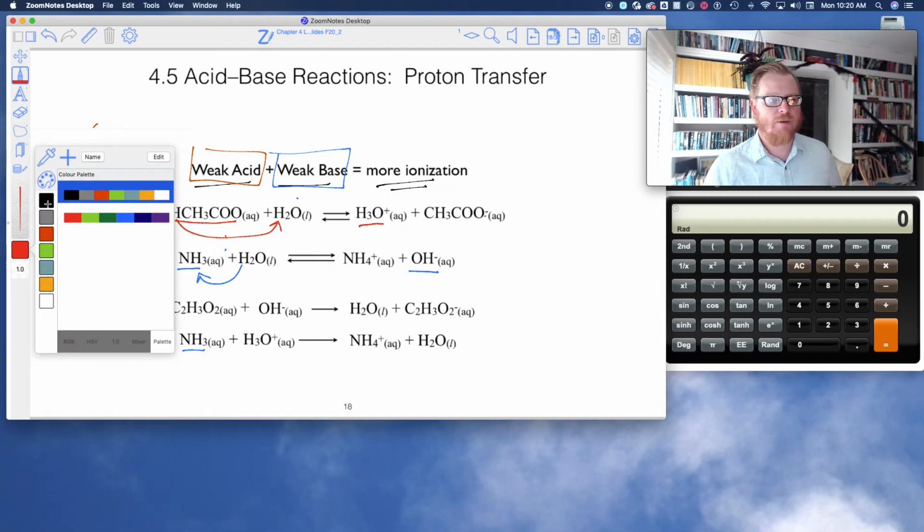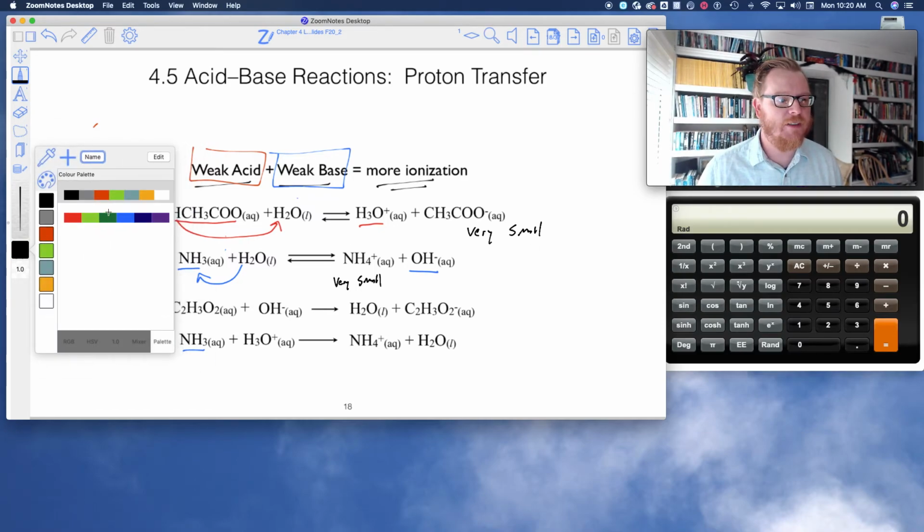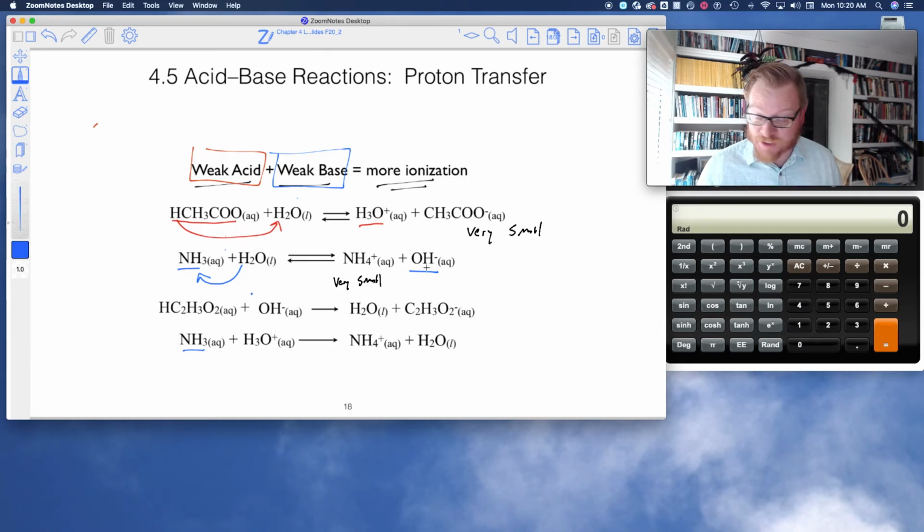We have a very small amount of the acetate. Remember, because this is a weak acid, not all of it dissociates. So that's a very small amount, and my NH4 plus is a very small amount as well. But now we've got this hydroxide, which is still very small.